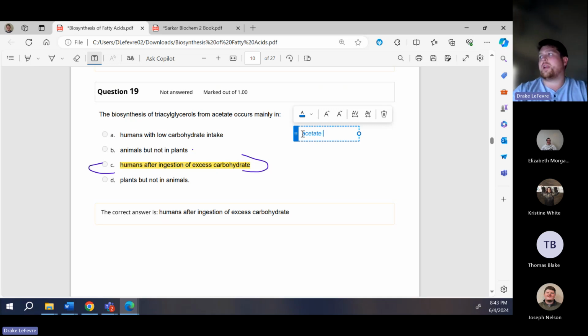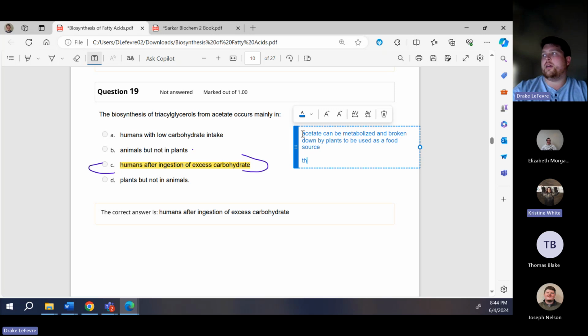So acetate, from what I can find just as a quick search, can be metabolized and broken down by plants to be used as a food source. And then the human body produces acetate in times of starvation.